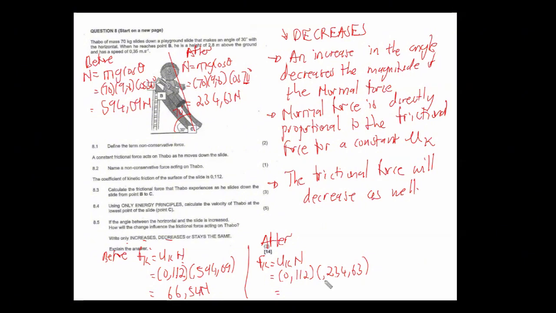Then we find that the new Fk is now what? 26.28 newtons. So it is true that when we increase the angle, the frictional force will decrease, because the normal force is decreasing and normal force is directly proportional to frictional force. So if normal force decreases, that means frictional force will also have to decrease.